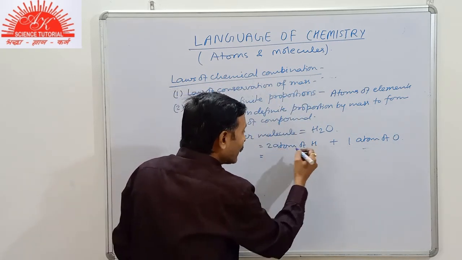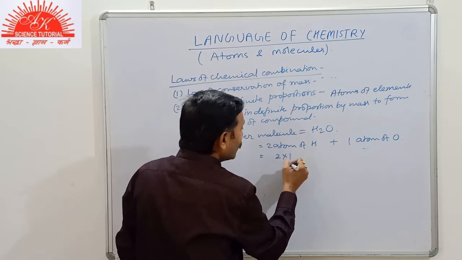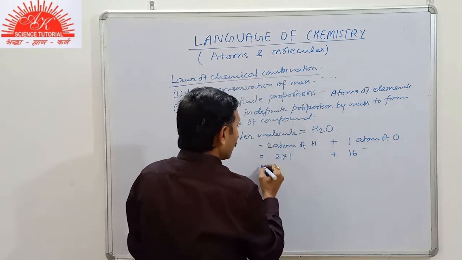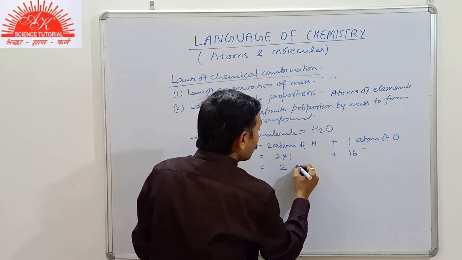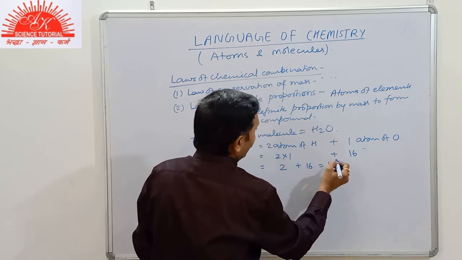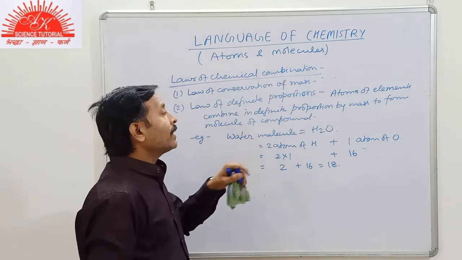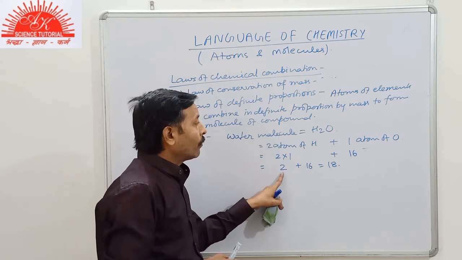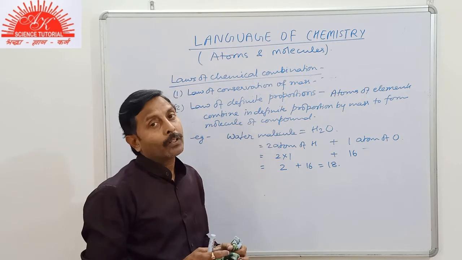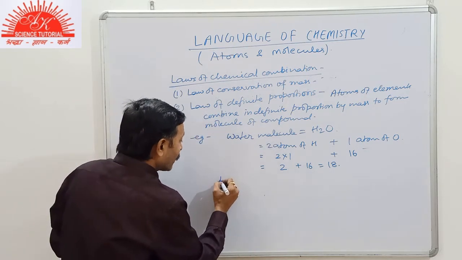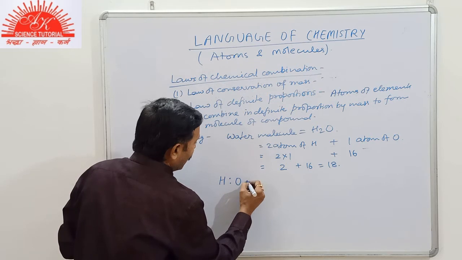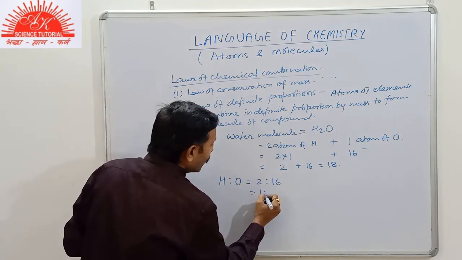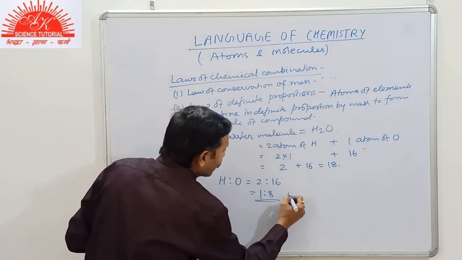If we take its mass, then 2 into 1 plus 16, that is 2 plus 16, which is 18. It means every 18 gram of water will contain 2 gram of hydrogen and 16 gram of oxygen. So hydrogen and oxygen are in the ratio 2:16, hence 1:8 by mass.